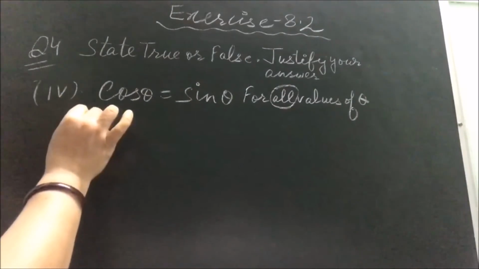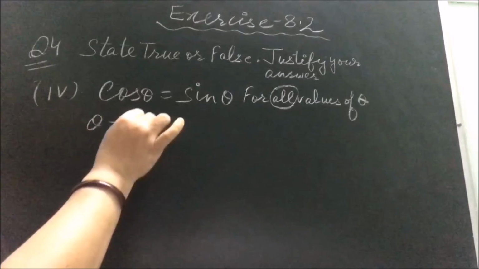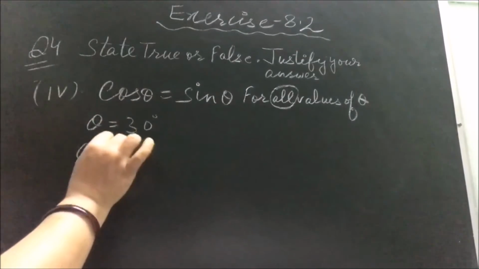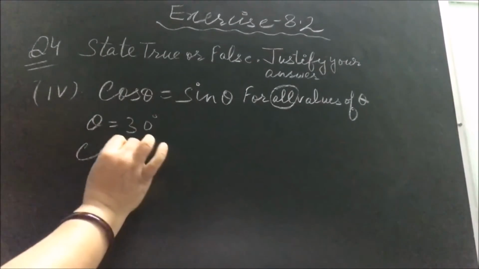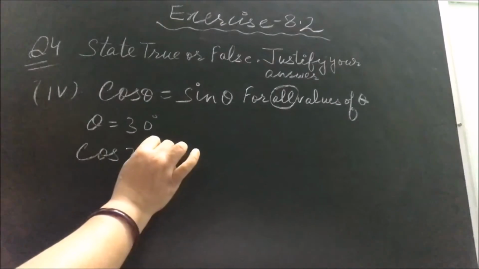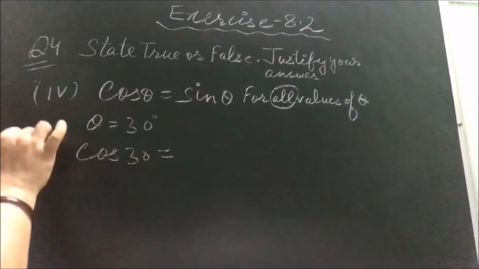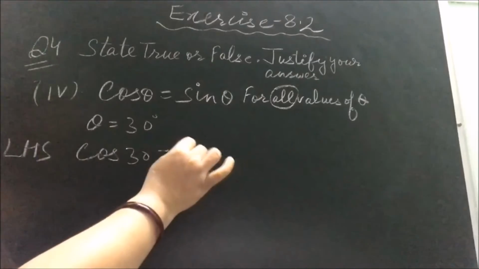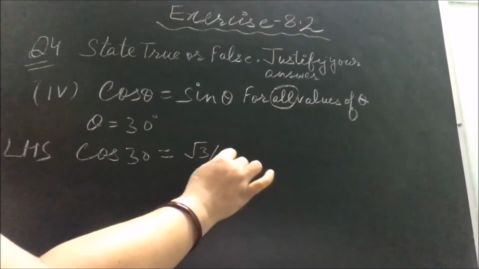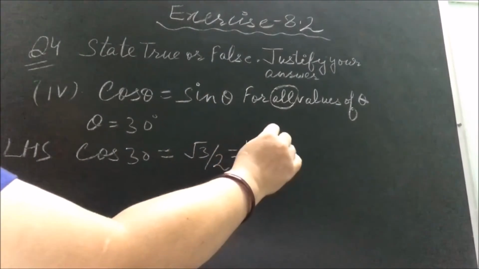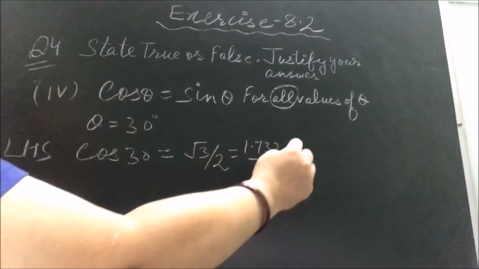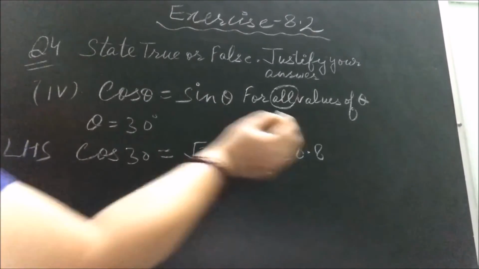Let's take theta equal to 30 degree. Now see, we substitute the value of theta in both the sides. Cos 30, first we check out LHS. Cos 30 is root 3 by 2, which is 1.732 divided by 2 and approx 0.8.